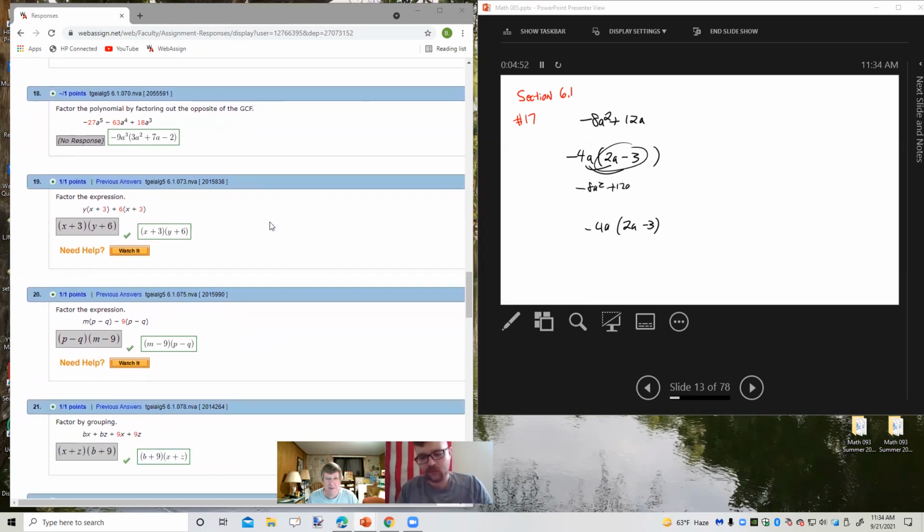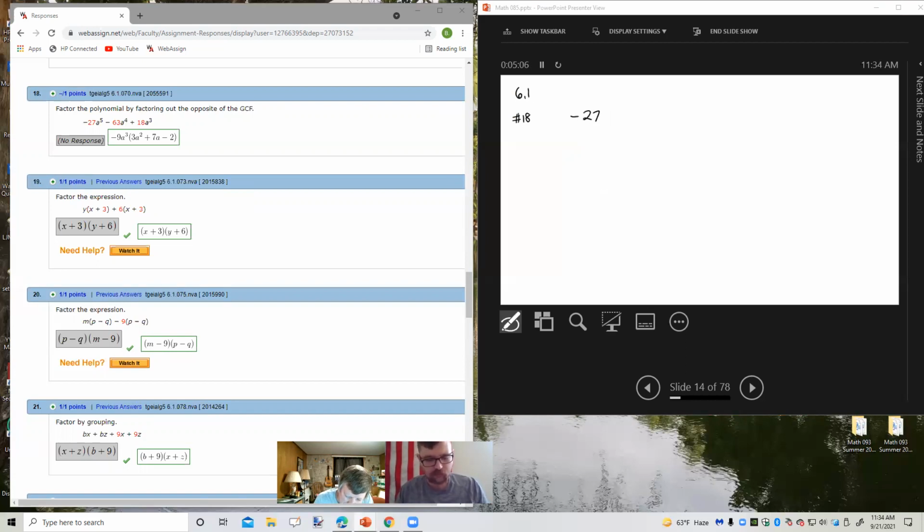Okay, let's take a look at number 18. Factor the polynomial by factoring out the opposite of the GCF. So basically the same directions. Negative 27a to the 5th minus 63a to the 4th plus 18a cubed. I know I'm going to take out a negative.